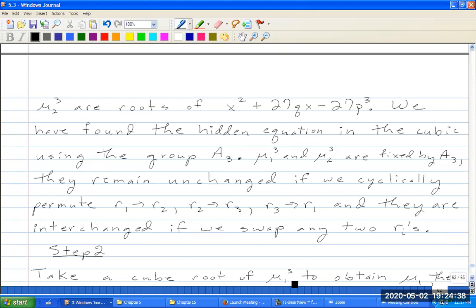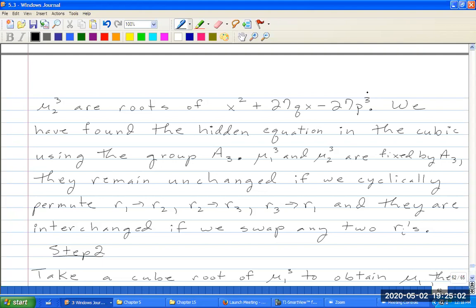So step 0 was to put it into the form x cubed plus px plus q. Step 1 is to solve x squared plus 27qx minus 27p cubed equaling 0.